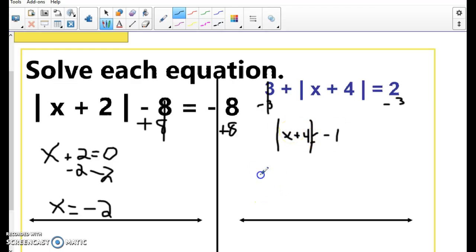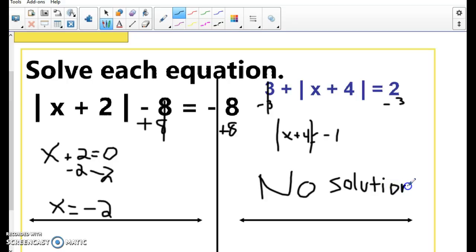So this is going to be a no solution one. There's no number anyone can think of that's going to be possible for x to have it be negative 1 after you take the absolute value of it.